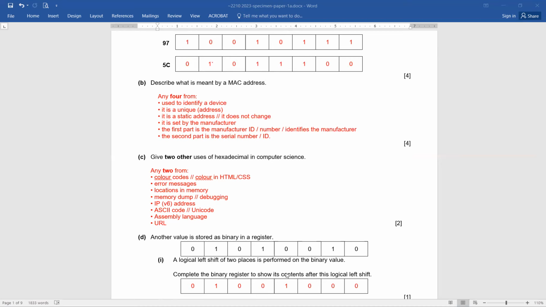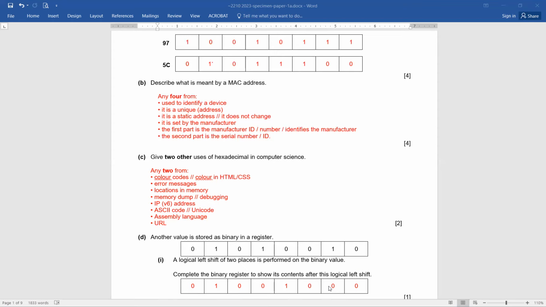Please remember that a left shift means these 2 bits are going to move out of the byte. This 0 will come here, this 1 will come here, the 0 will come here, and so on, and the 2 empty places will be padded with a 0.